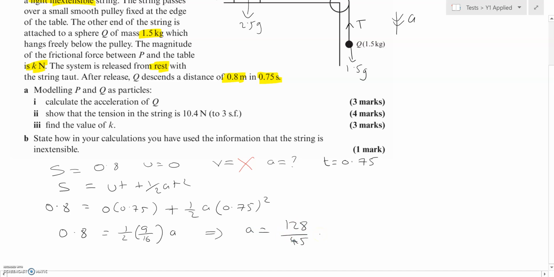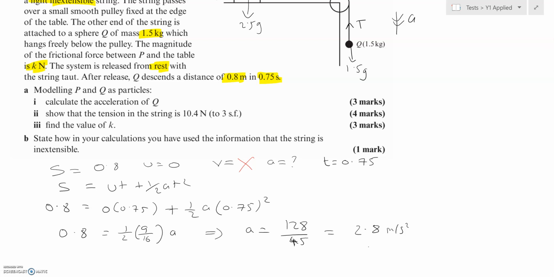In decimals, that comes out as 2.8 meters per second squared. I'm going to use the fractional version because I've done a bit of rounding here. It comes out as 2.84, etc.